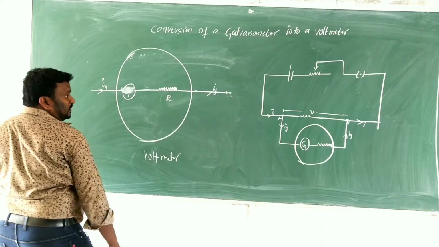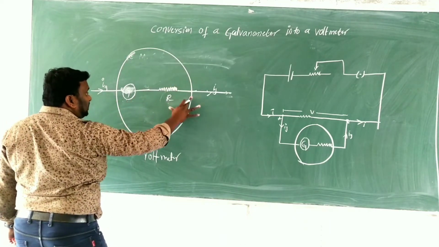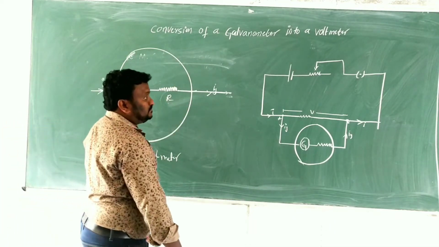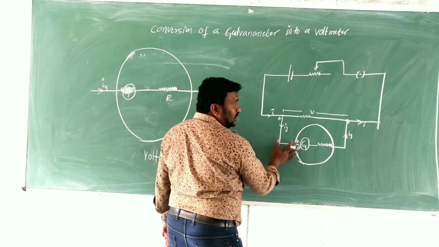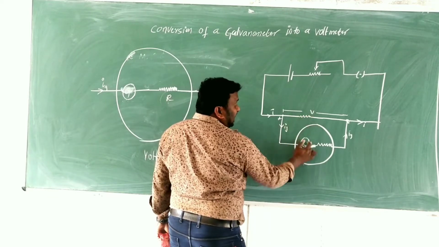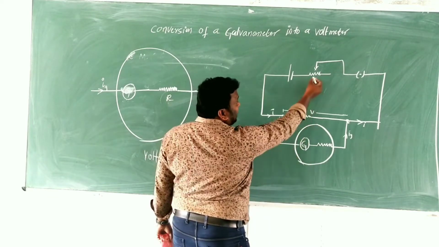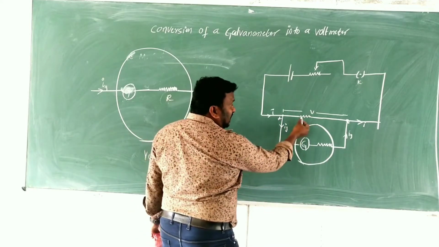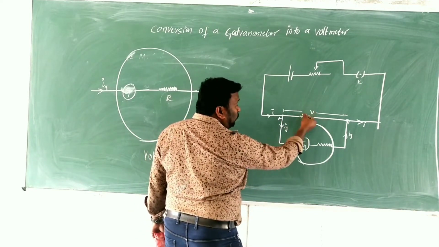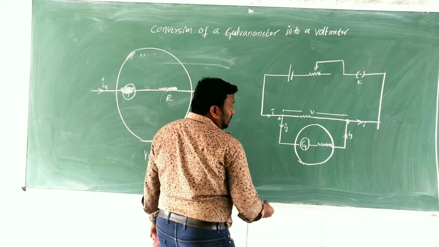This is the first thing. And this entire voltmeter is now connected in parallel to the circuit. Clear? In this diagram you have to clearly observe, this is the rheostat, this is the plug key and this is the battery, and here V is the potential that we are going to measure.